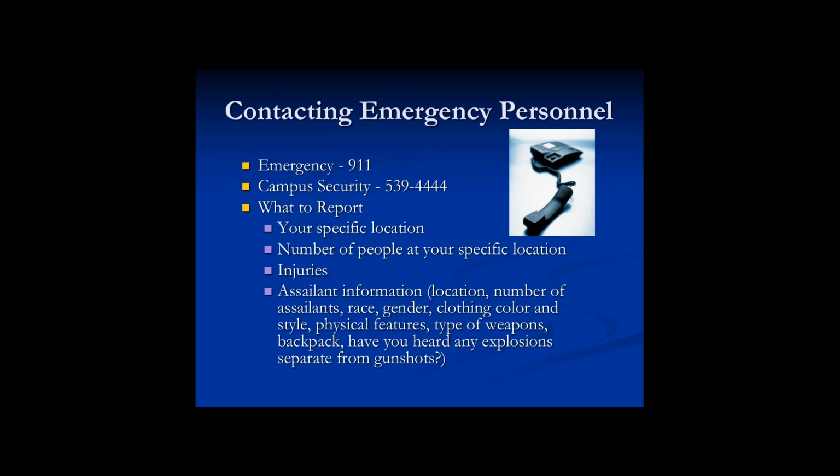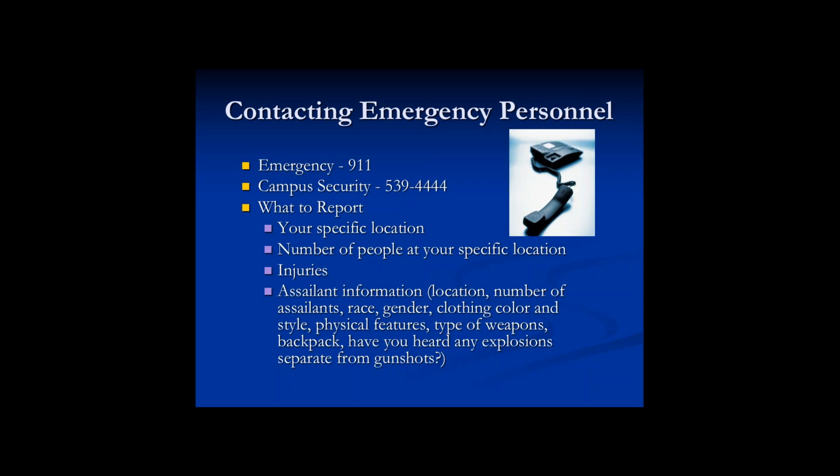We need to contact emergency personnel. Of course, 911 is your first line of contact. Here on campus at the University of the Cumberlands, our campus security is 539-4444, or on a campus phone, just 4444. And what do you report?